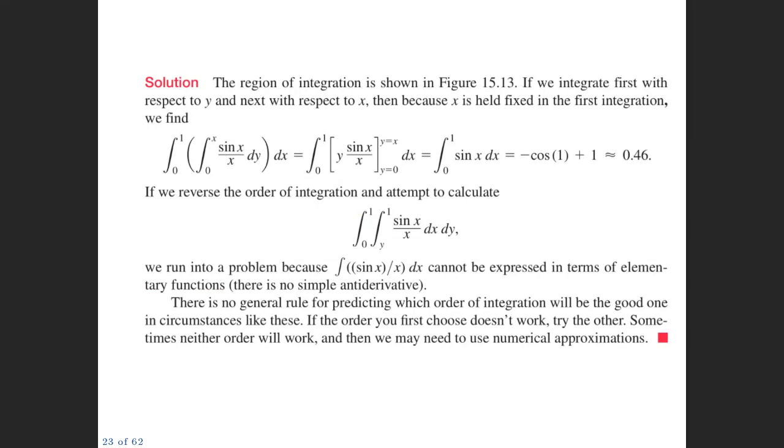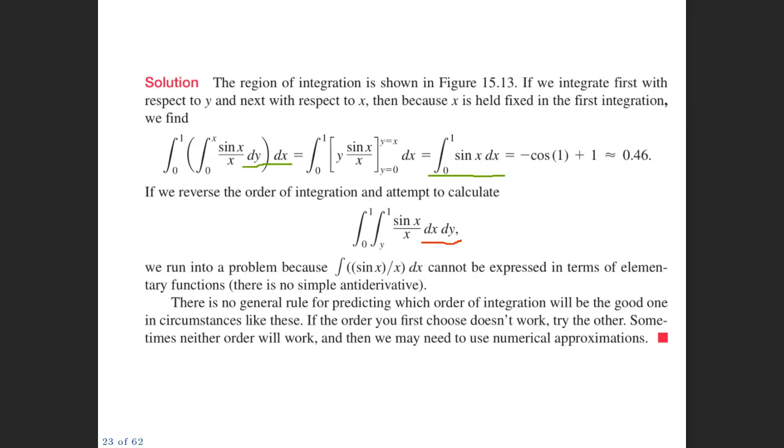Now, if we choose to do dy dx, then it's easy. All we're having to do is integrating the function sine x. Very easy. But if we do it the other way, if we do the integral with dx dy, then I need an antiderivative of sine x over x.